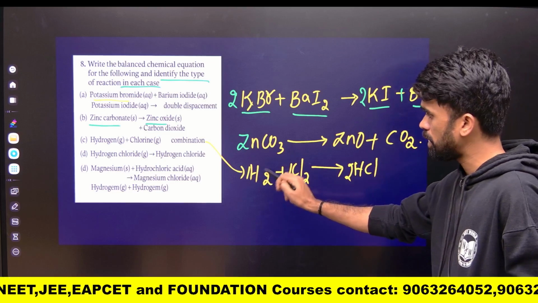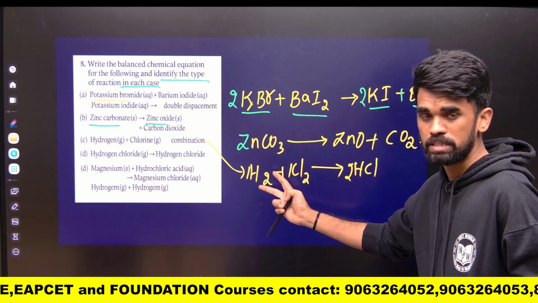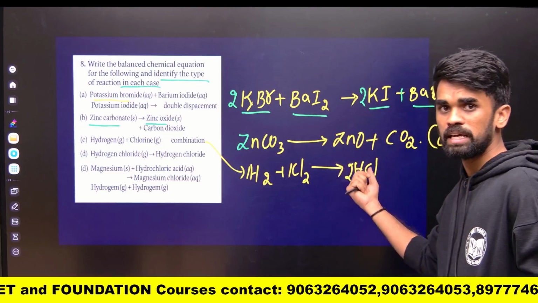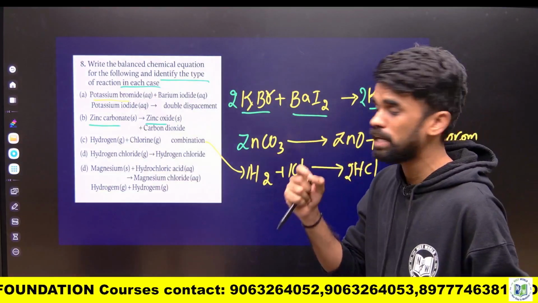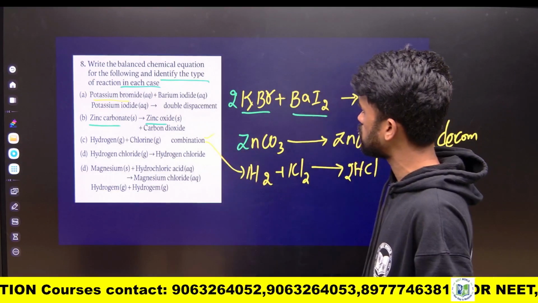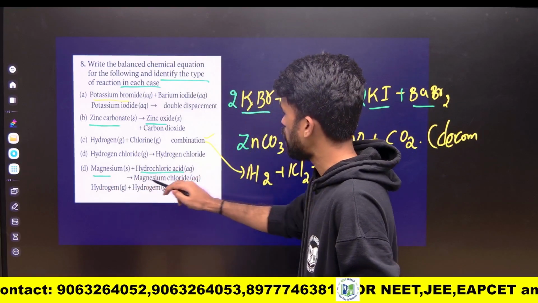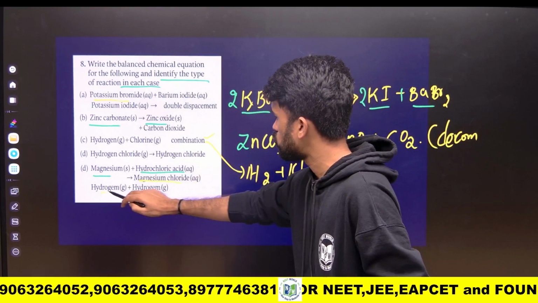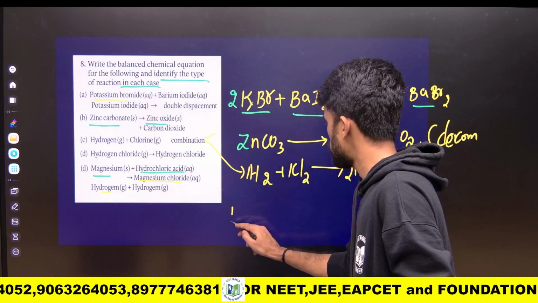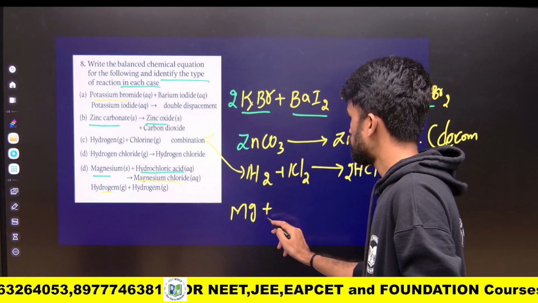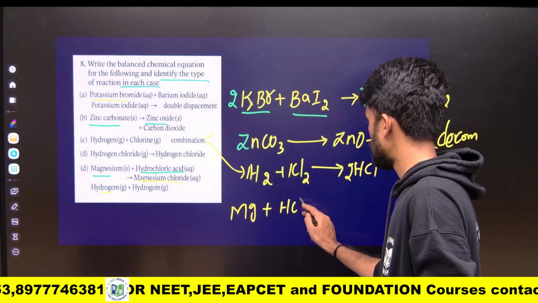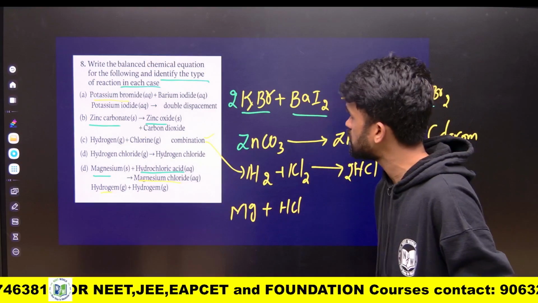So what happened here? When two or more components combine to form a single product, we call it a combination reaction. Yes, that is also true. Next, magnesium and HCl form magnesium chloride and hydrogen gas. So magnesium plus HCl. What kind of reaction is it?